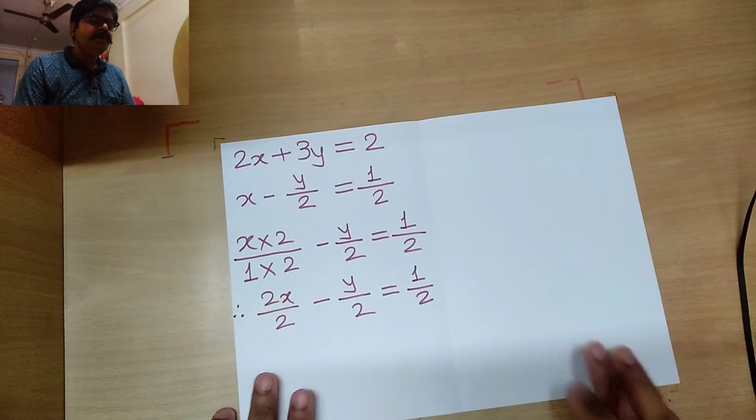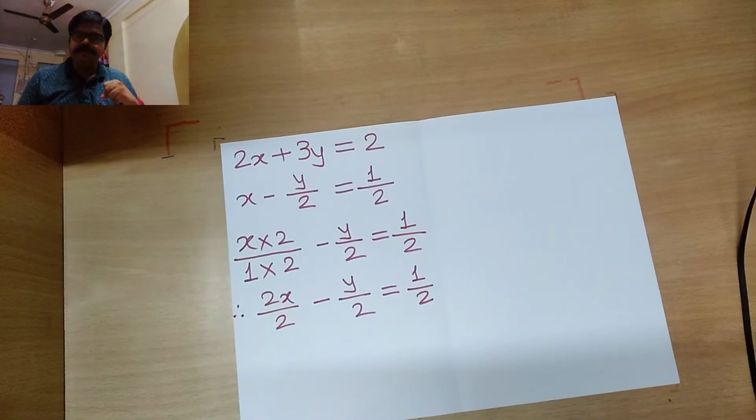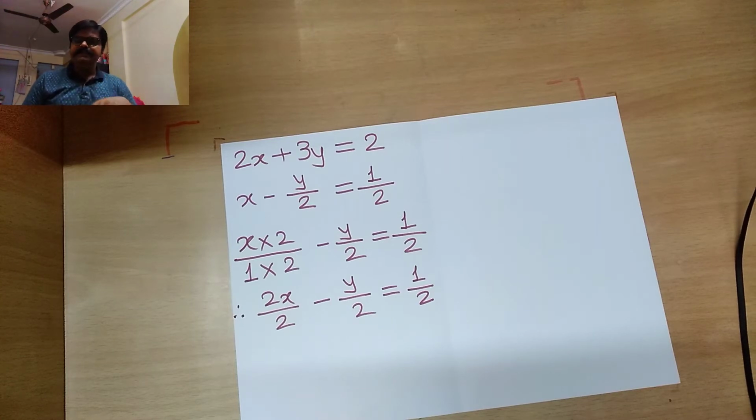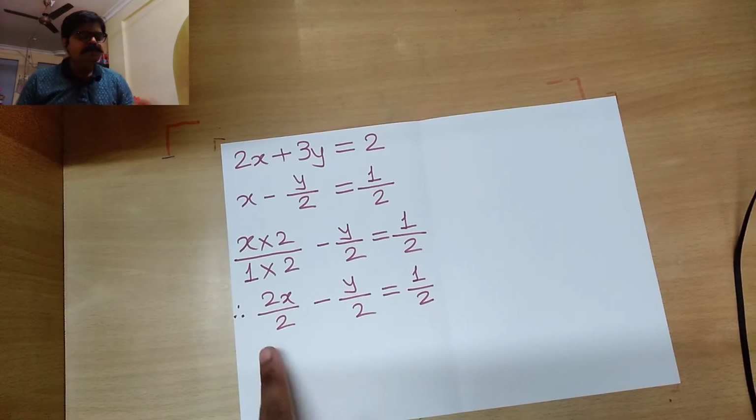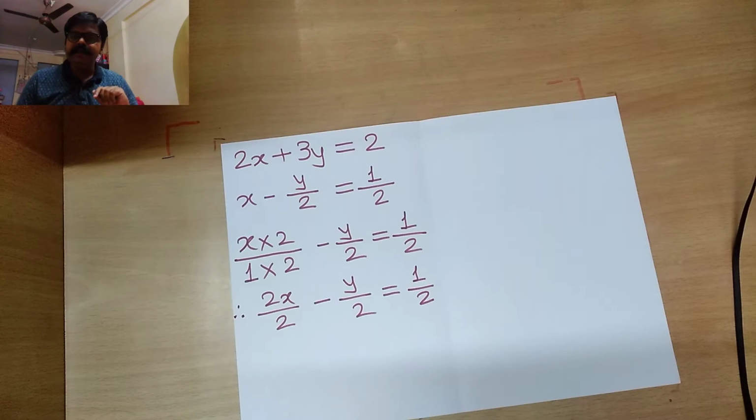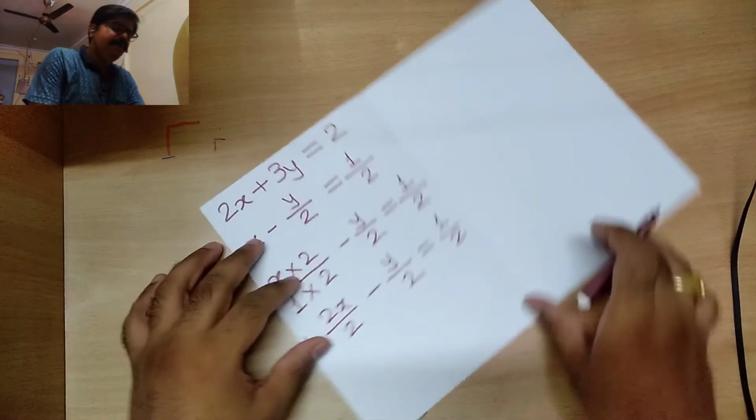Now we were on a path to get rid of the denominator. However, we have created a new denominator, but still that is okay. We can get rid of these two. Let us see how exactly that can be done. So what we are going to do with this entire equation is multiply it by 2. Okay, so the whole equation will be multiplied by 2.